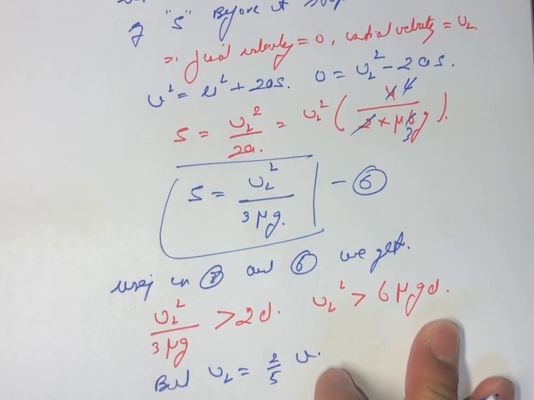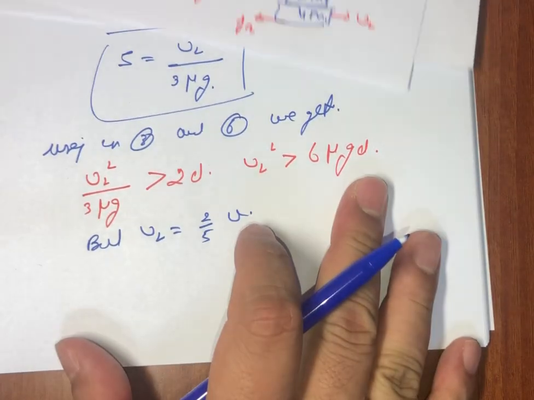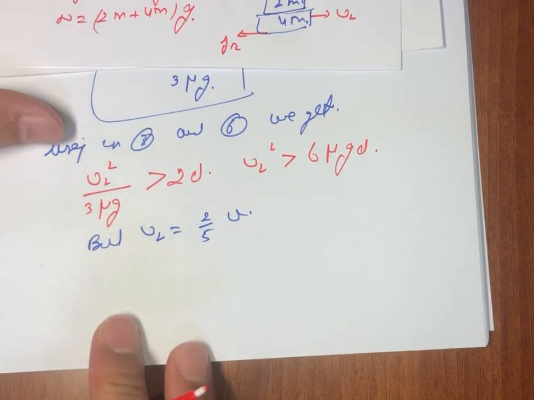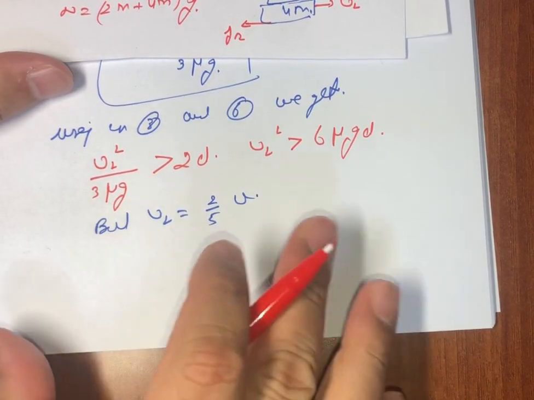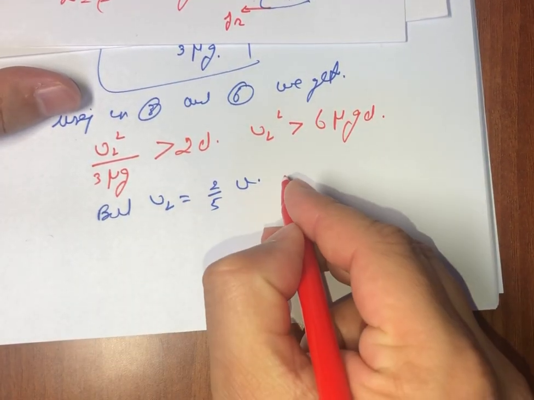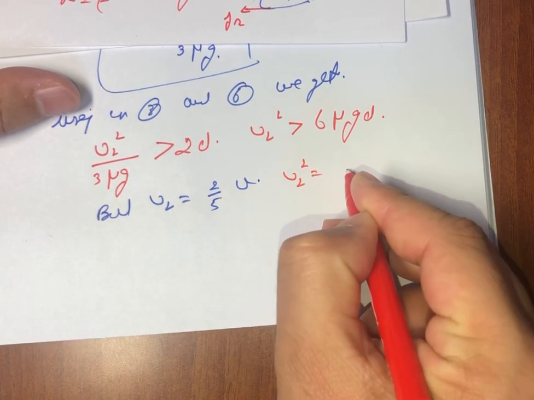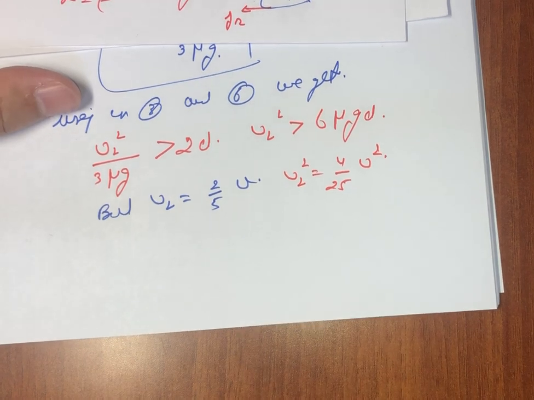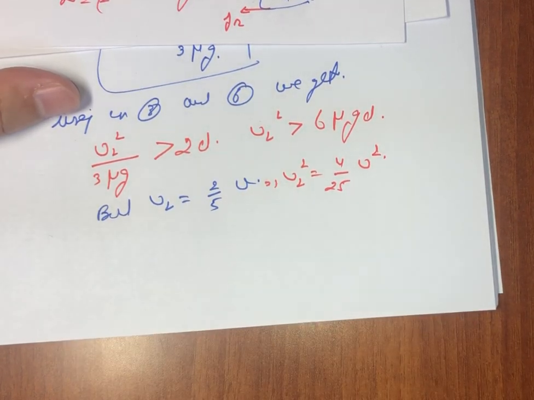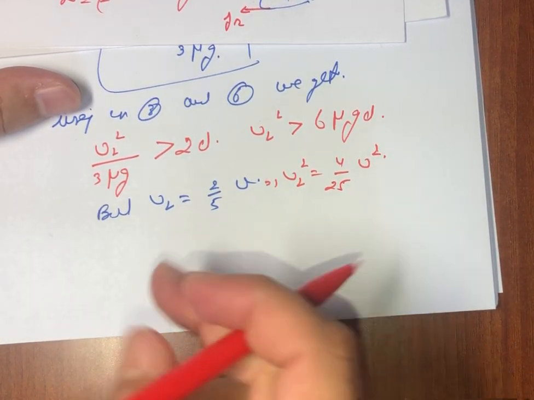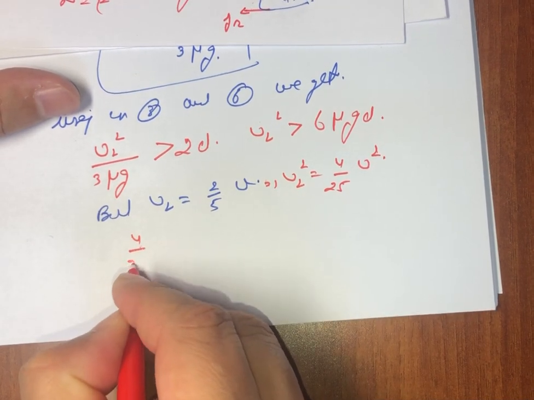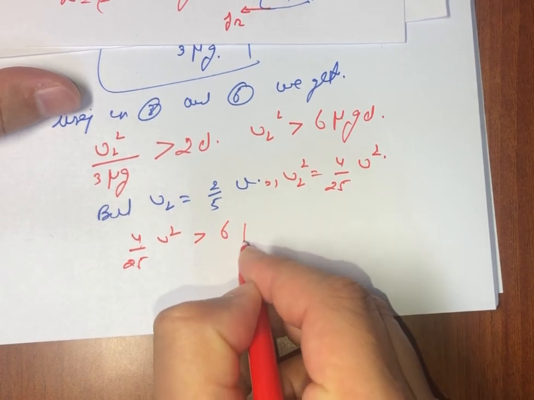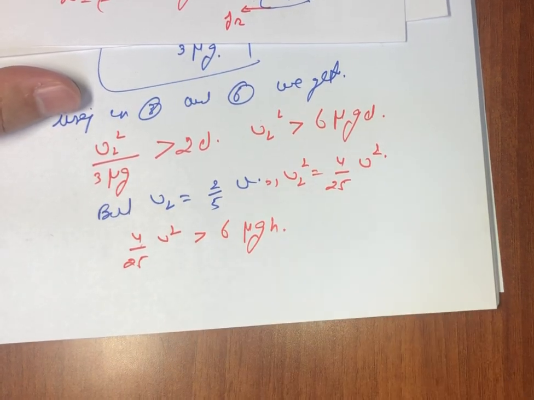We substitute it here and square it: v2 squared is 4 upon 25 v squared. So we get 4 upon 25 v squared is greater than 6 mu g d.